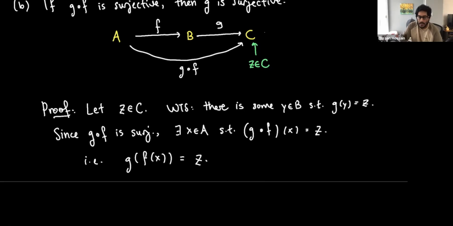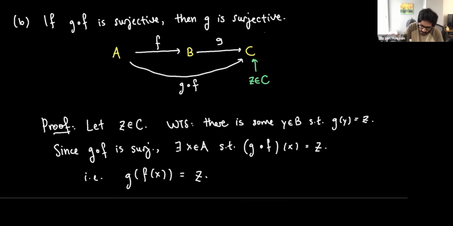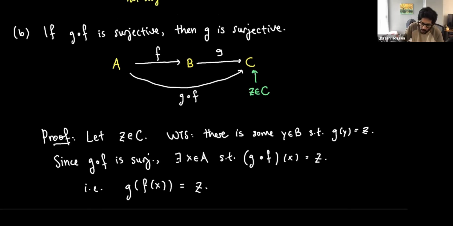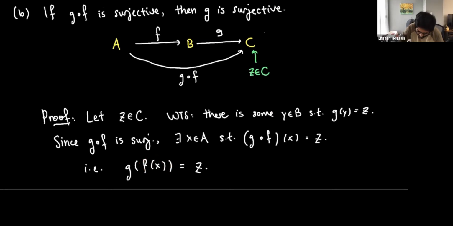But I wasn't trying to find X. I was trying to find Y. So what can my Y be? I know that there's some X. Exactly. Why don't I let Y be this F(X)?